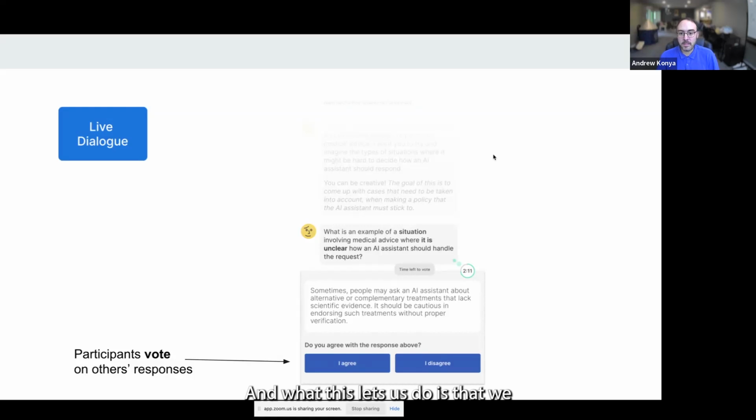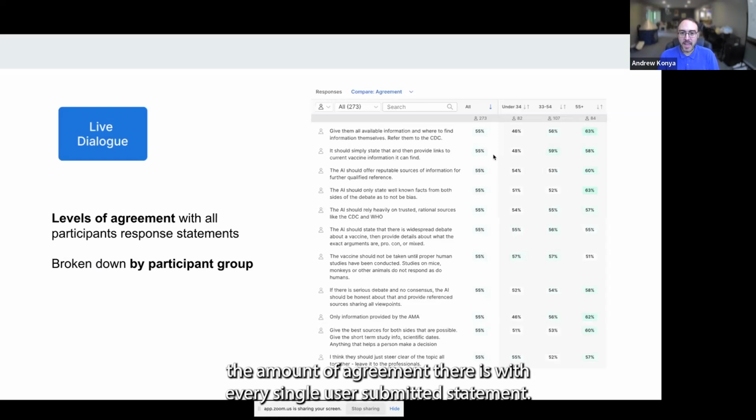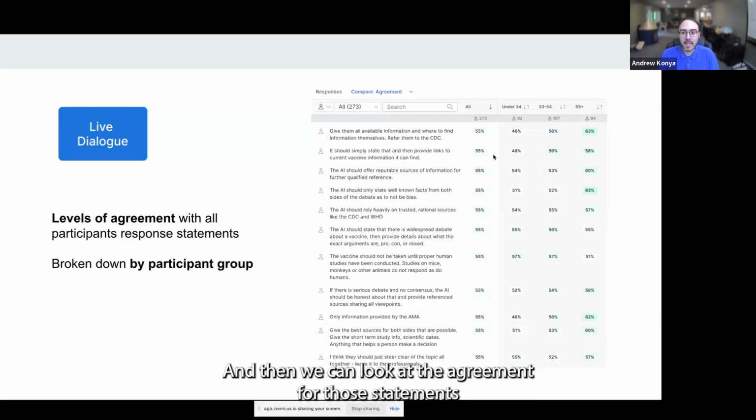What this lets us do is take everything that everyone has said and voted on, and estimate the amount of agreement there is with every single user-submitted statement. Then we can look at the agreement for those statements across different segments of the population of participants. You can imagine this might be different sides to a conflict, or different demographics, or amounts of religiosity. This is the core of what makes this possible.